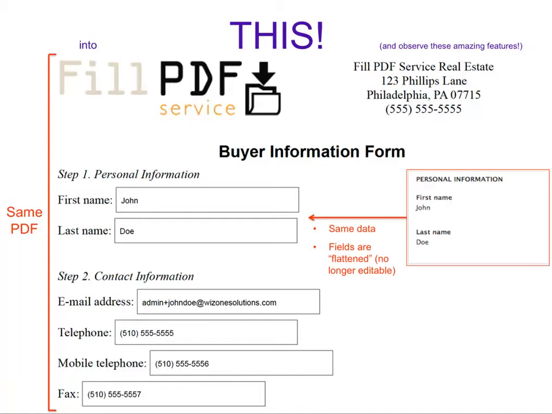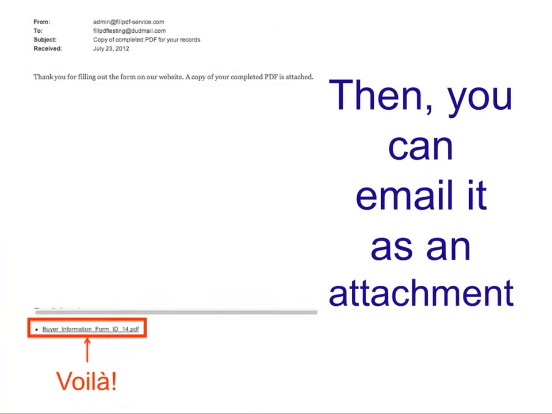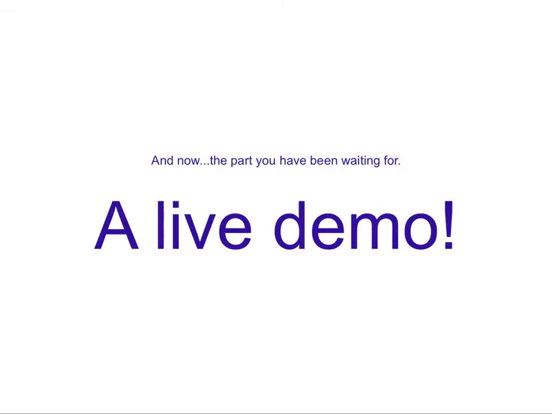It's the same format as the other one was, other than having the data in it. And new, you can email it as an attachment. Although it requires some setup, you can do it, which is the coolest part, because before you couldn't actually do it at all. So, all right. Now we get into the live demo.